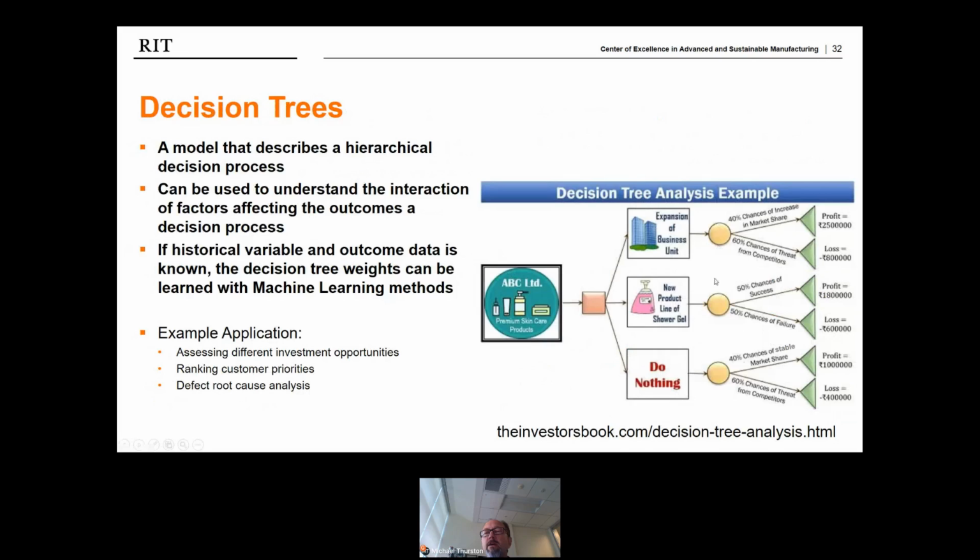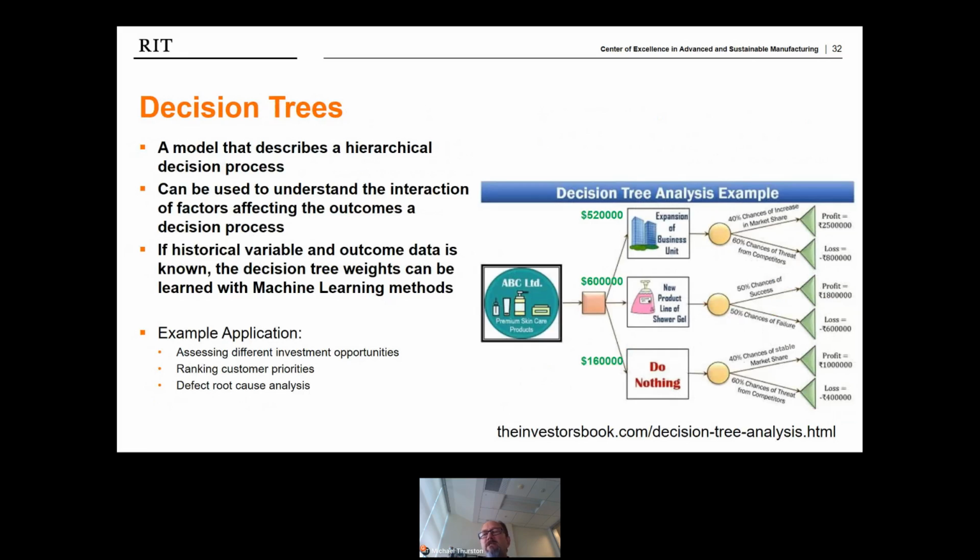The second layer defines the probability of a particular investment being successful or failing, and then the final layer shows the profit implications of that decision. So in this kind of simple analysis, you can look at an expected revenue outcome, which in this case are all positive, but some could be negative, to get a sense of which decision has the most likelihood of positively impacting your business.